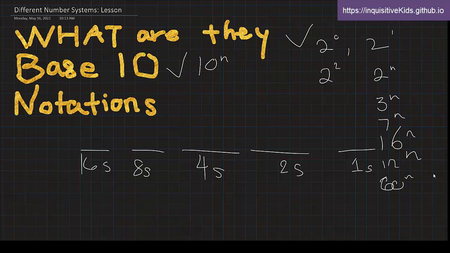And do you know where we might use base 2 a lot? Those of you who love computer programming especially, maybe your parents who are computer engineers, might know this. How a computer receives all the directions it's given is through base 2.